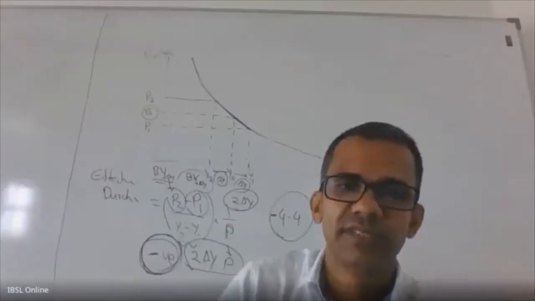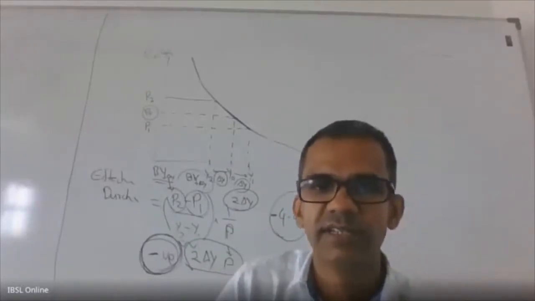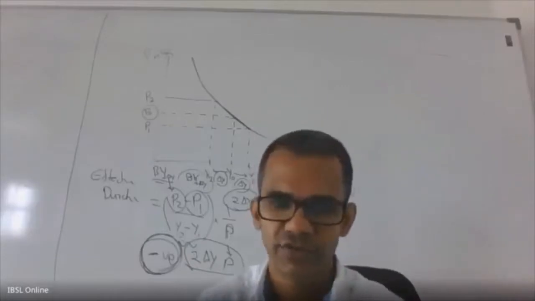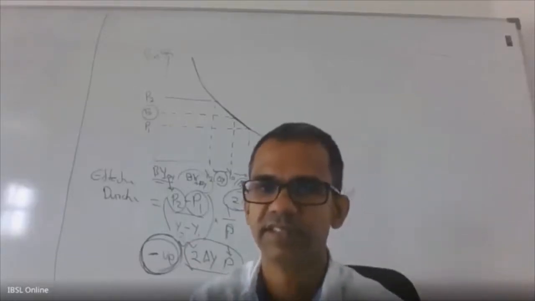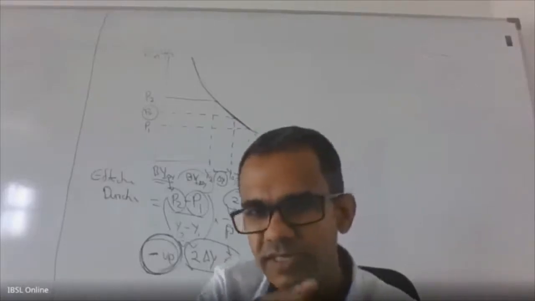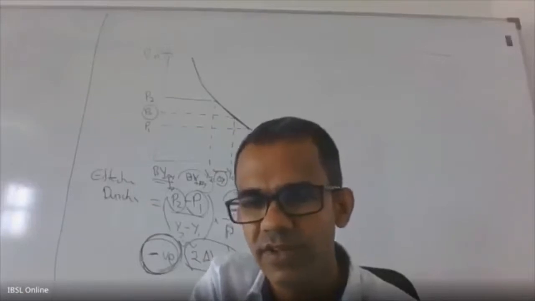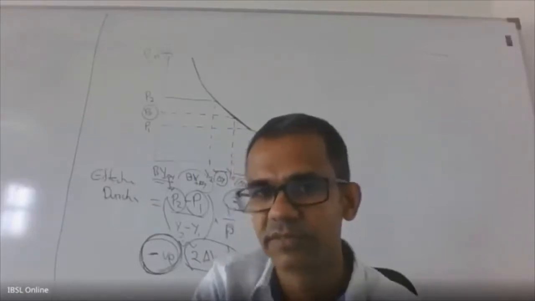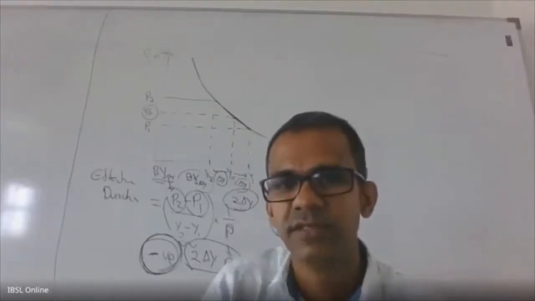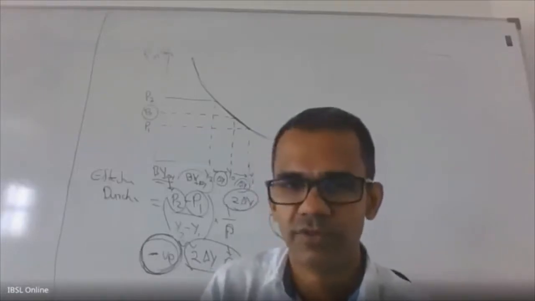This information, duration and convexity, is given. We don't have to calculate duration and convexity, so we don't have to worry about whether this is a semi-annual or an annual coupon bond. Otherwise, we would need to know that to calculate duration.